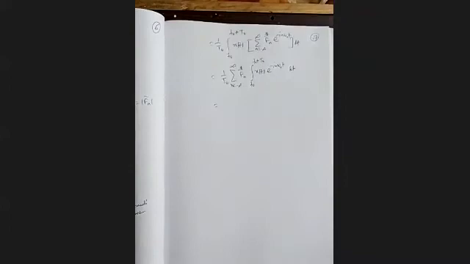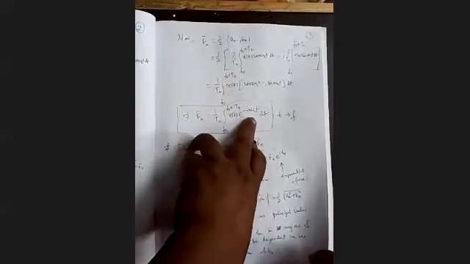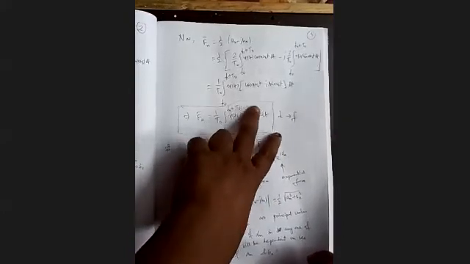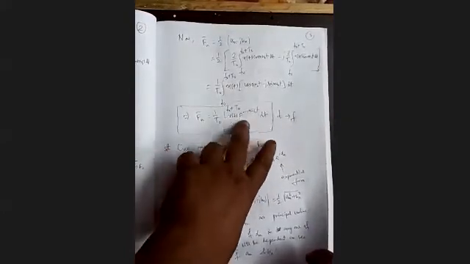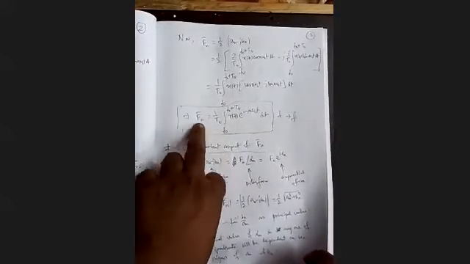But this is actually our expression, I can show you. Just wait 1 minute. This one. Our Fn bar is 1 by T0 integration of x(t) e to the power minus jn omega 0 t dt. In the last class we got the proof. So this integration is equal to T0 into Fn bar.